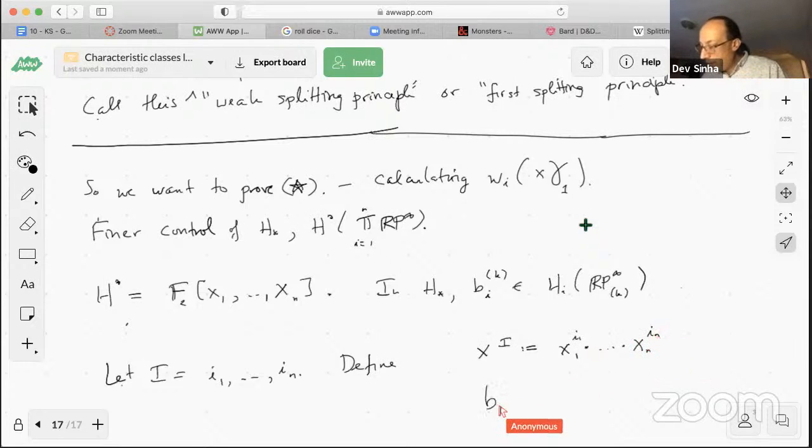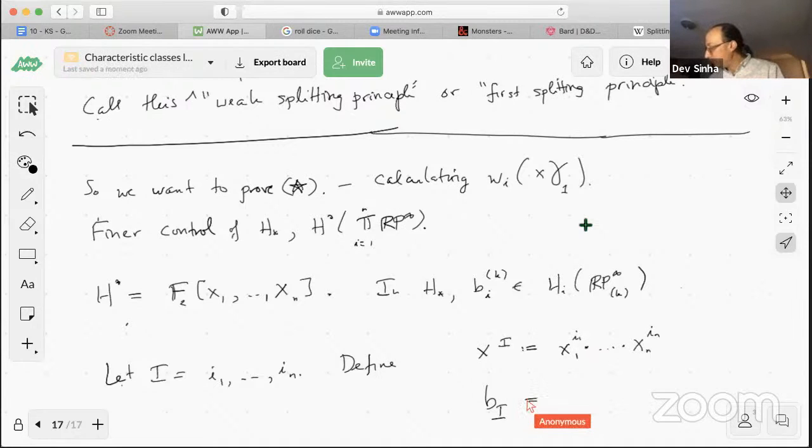Whereas b_I: one of the main things you prove is that cup product corresponds to the tensor product in Künneth, and here we're going to use that in homology.